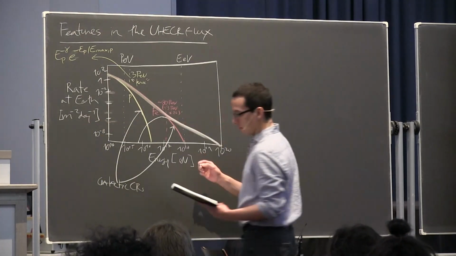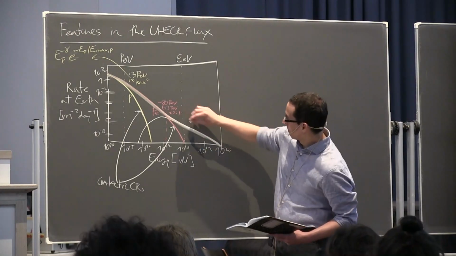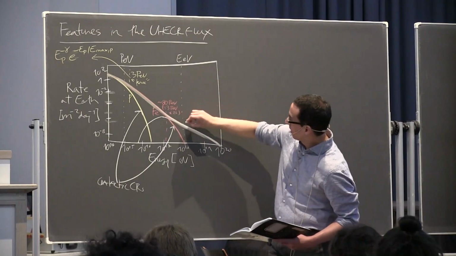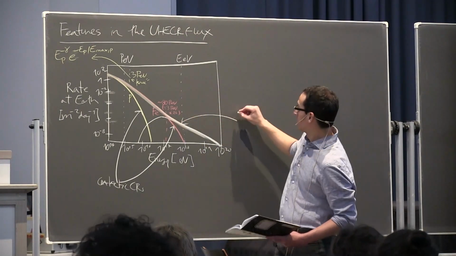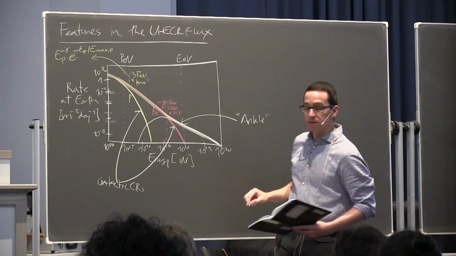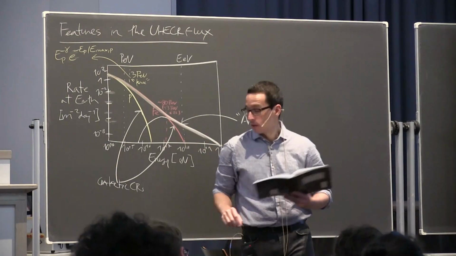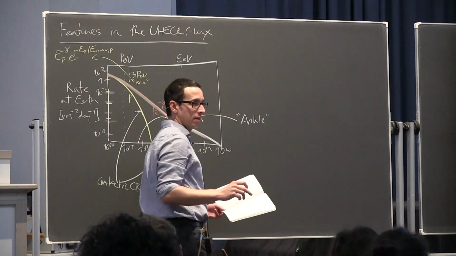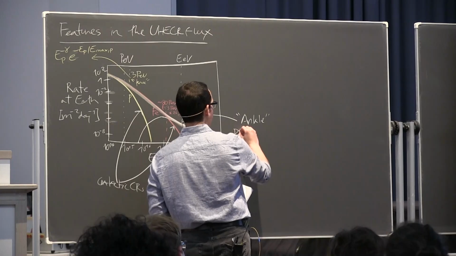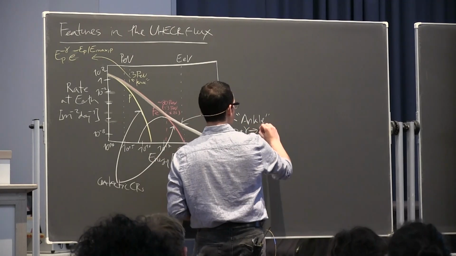So there is a couple of features here. It's not too clear here, but there's kind of a dip, and that dip we call the ankle. And the ankle is more clear in that picture. It signals two things. First, the fact that energy losses due to pair production are significant.